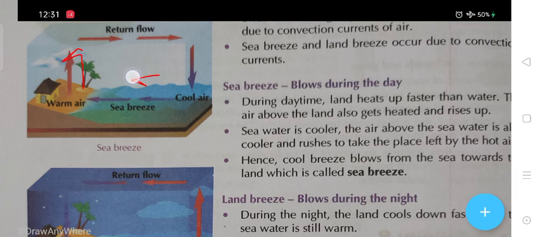The air will rush from the sea to the land, and this condition is called the sea breeze, which takes place by the convection method.